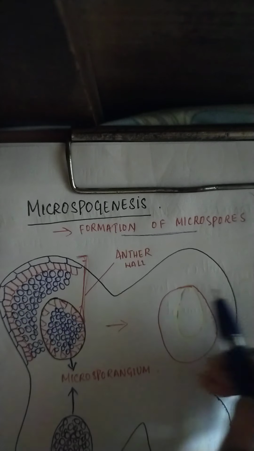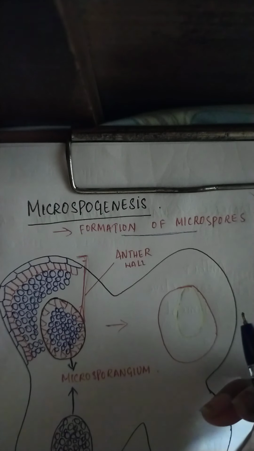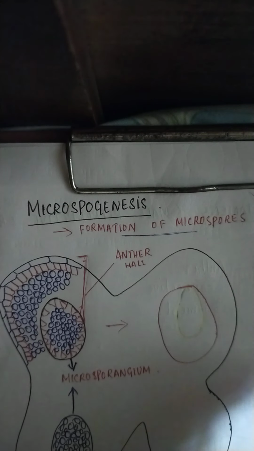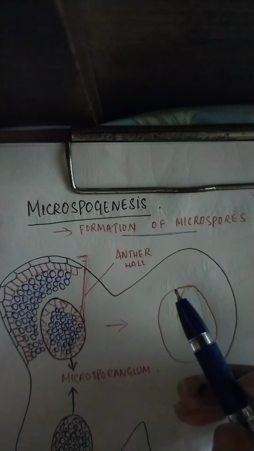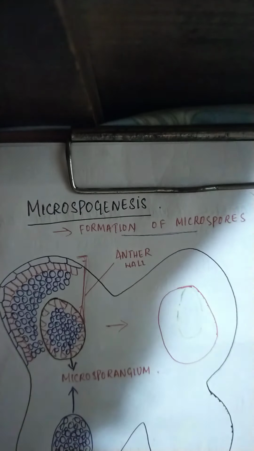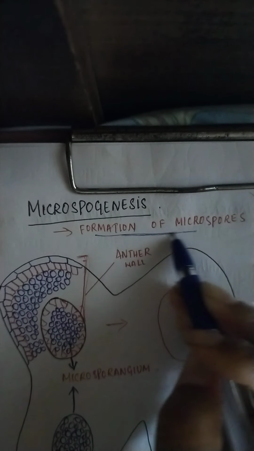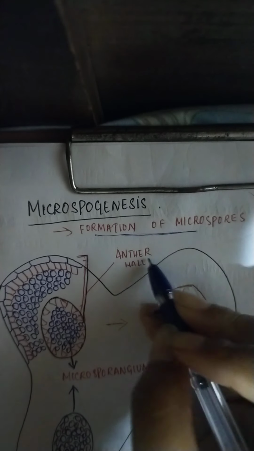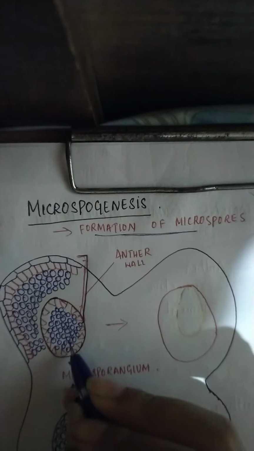As we have already learned in the last part of the video, we have already seen the structure of a stamen and the structure of the anther, and we know the labeling of the 4 layers of the anther wall and the microsporangium. So here I have labeled that microsporogenesis is the formation of microspores, and here I have labeled the 4 layers of the anther wall and the microsporangium.